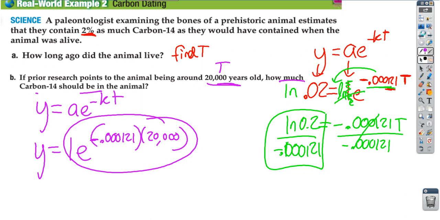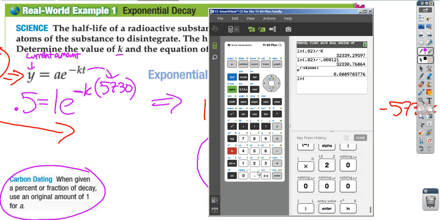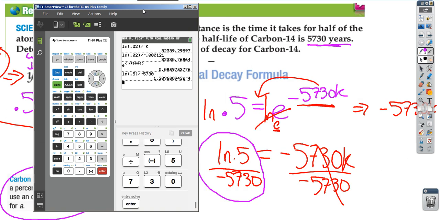Just to clarify from the previous page, why did we get a negative k right here? Let's just verify what that number was again. We have ln of 0.5 and we're dividing by negative 5730. And yeah, that's a positive number for k.